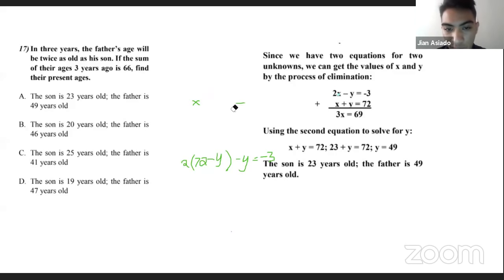But, for this one, ang ginawa dun sa slides ay pinag-add, no, yung dalawang equations. So, pag pinag-add, matitira dito si 3x, magka-cancel si y, no? And then, 72 minus 3, 69.